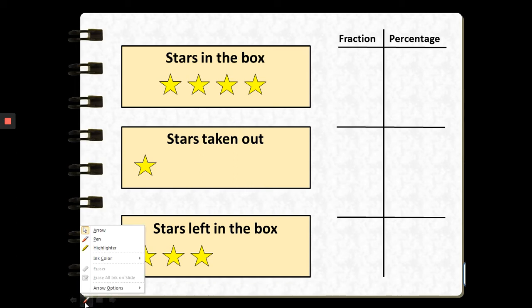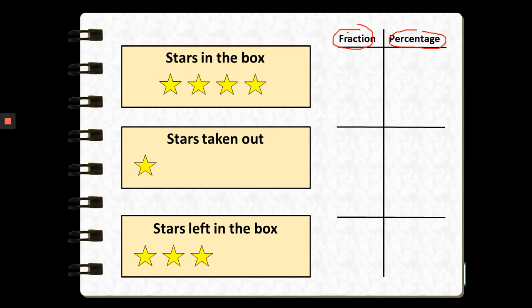That's pretty simple subtraction. But the problem is not that one. The problem is this. We're going to find the fraction of the stars left in the box, the stars taken out, and the stars in the box, the total, and we'll also find the percentage.